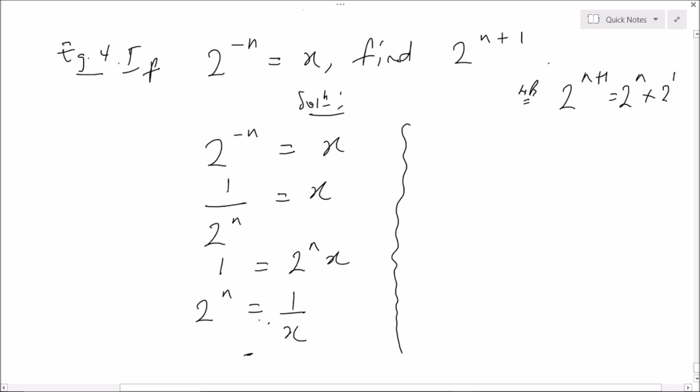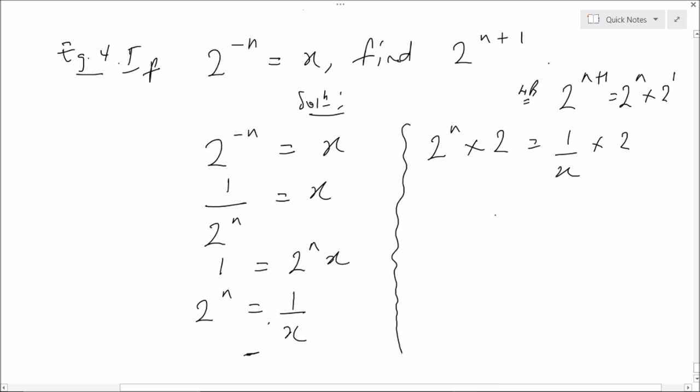So to achieve our results, we multiply 2 by both the left hand side and the right hand side of the equation, so that we have 2 raised to the power n times 2 is equal to 1 over s times 2.